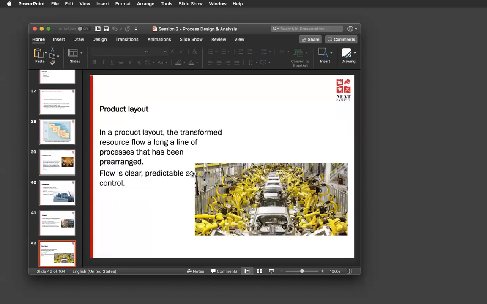A single particular task is done by a single robot. They know exactly what needs to be done, and it's highly repetitive. So the product actually moves within a product layout. In a product layout, the product or service actually moves. Okay. Hope you are very clear on this.